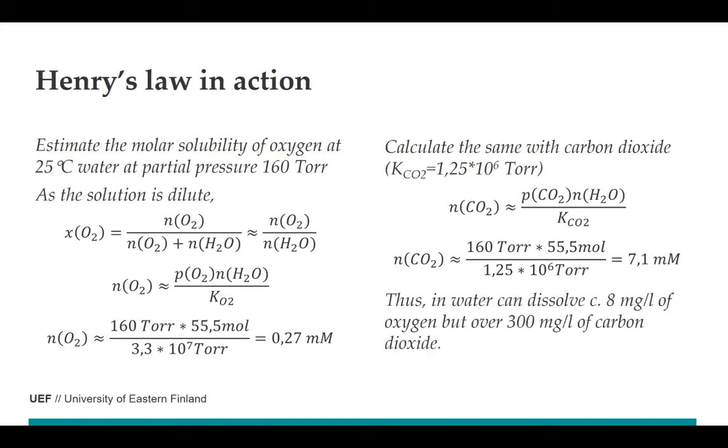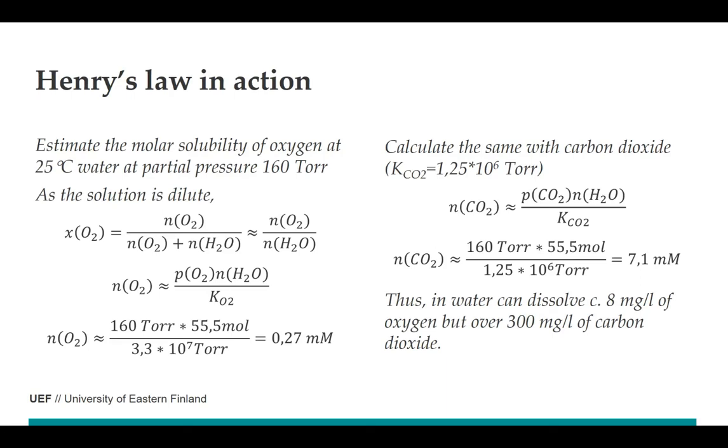Which means you can have not more than 8 milligrams of oxygen in the solution in these conditions, but at the same time 300 milligrams of carbon dioxide. This is important: it can be understood that these solutions are very good at carrying carbon dioxide, but quite poor at carrying oxygen. And that's why we have red blood cells, we have hemoglobins, etc.